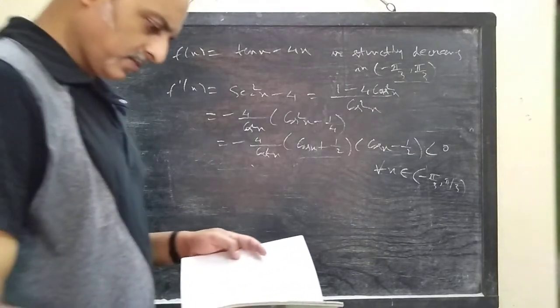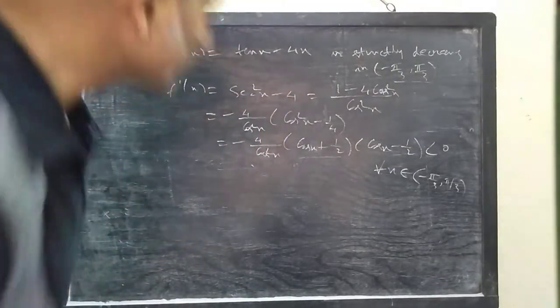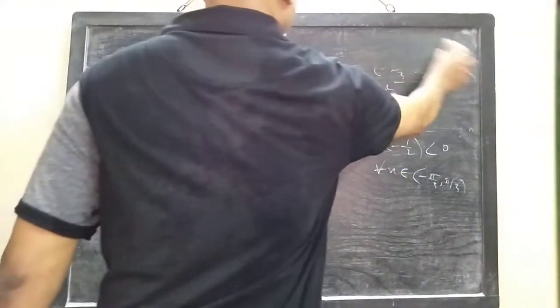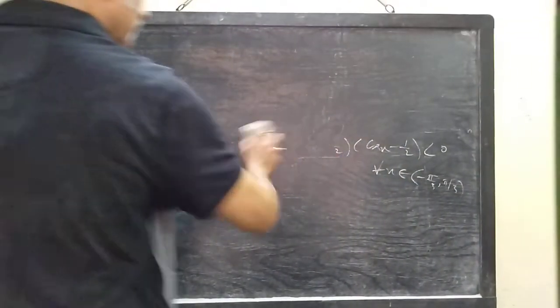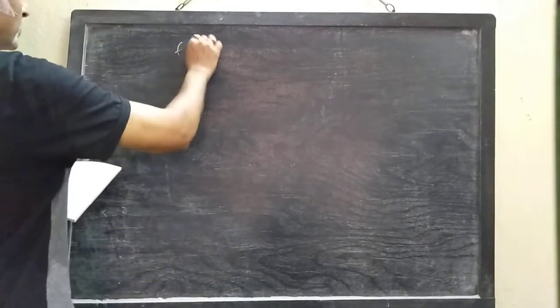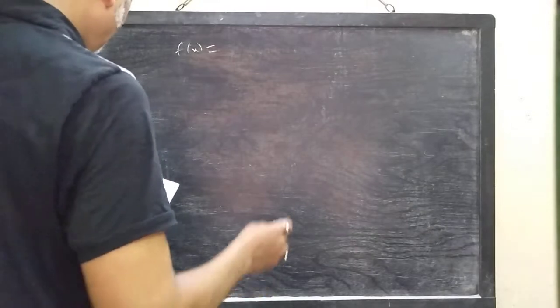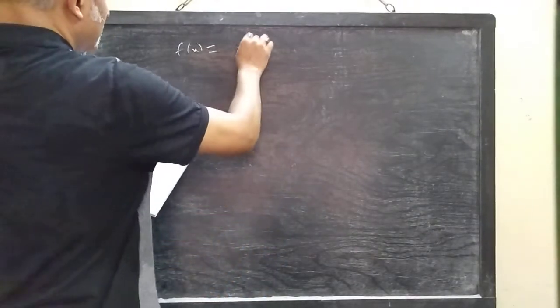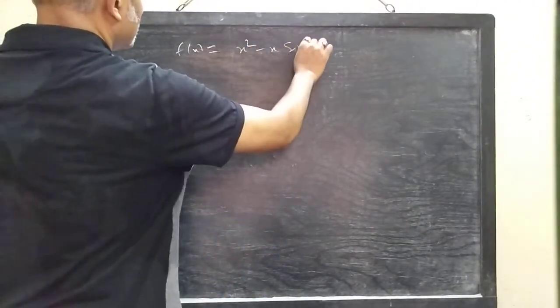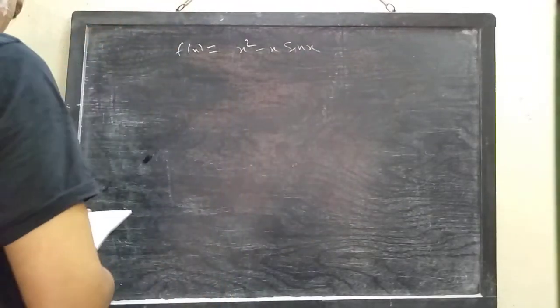Next, let us go to the question. A function f is given by f x equals x square minus x sin x.